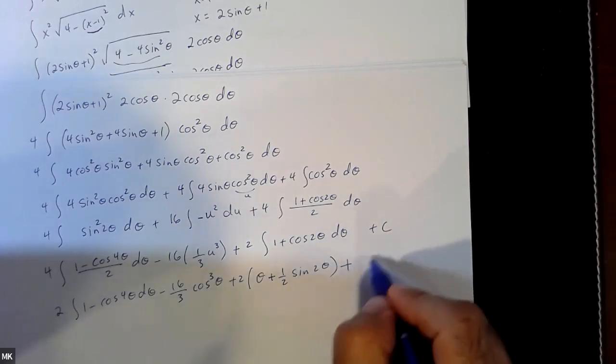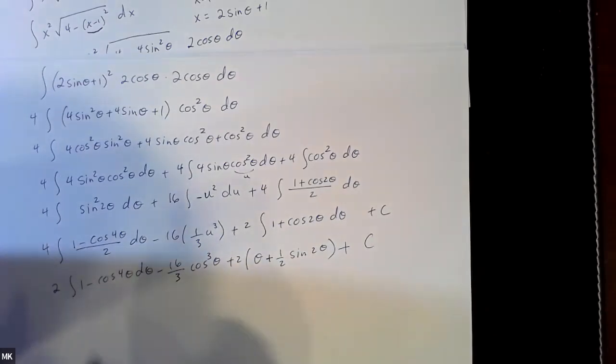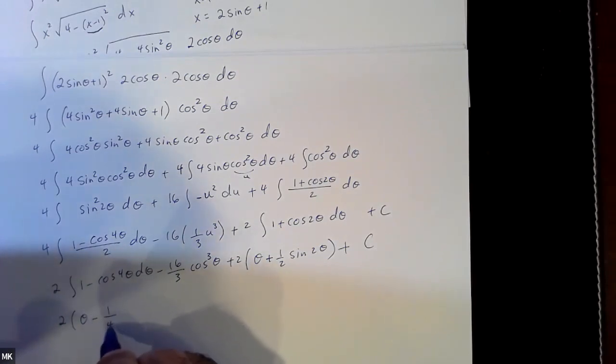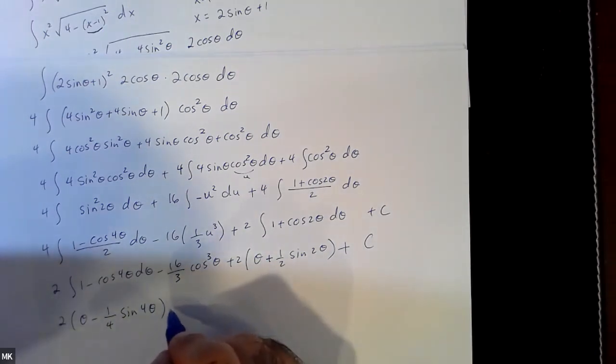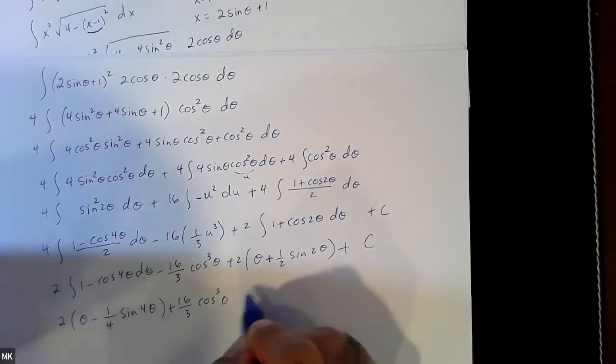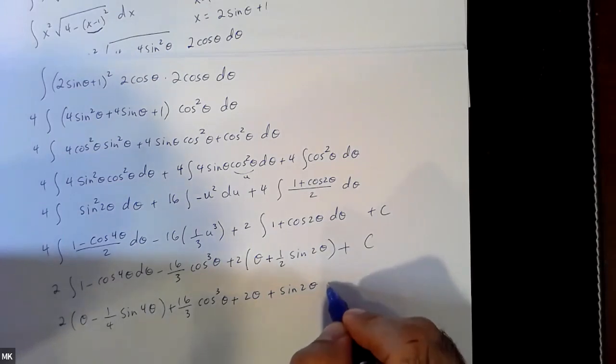There's another c coming out of this, so that c now gets to be a different c, but not a problem. And yeah, then let's do this one. I get 2 theta minus 1/4 sine 4 theta, plus a c that goes at the end, plus 16 thirds cosine cubed theta, plus 2 theta plus sine 2 theta, plus c.